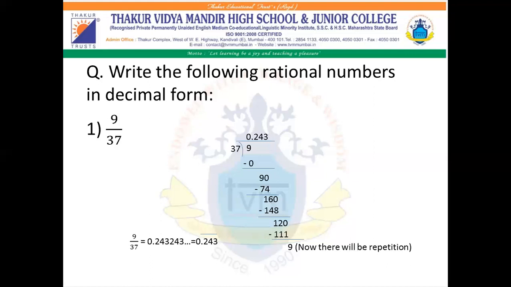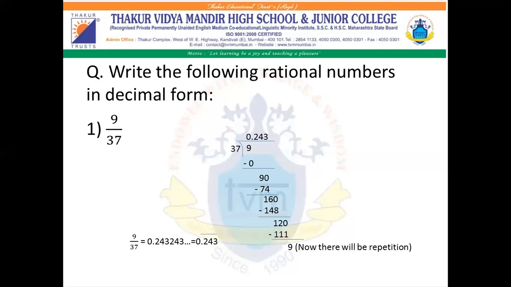So write 4 in the place of the quotient and multiply 37 by 4. 148 is the product of 37 and 4. So 160 minus 148 is equal to 12. In 12, 37 is not going.